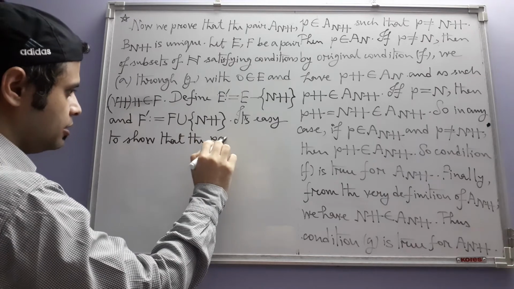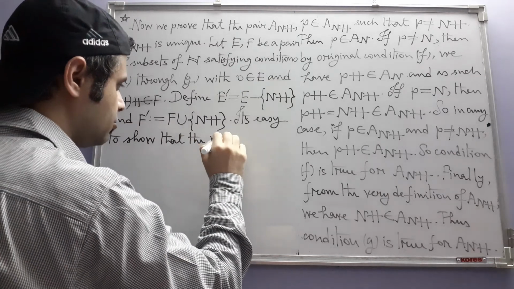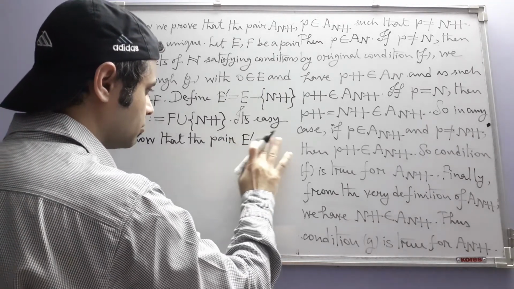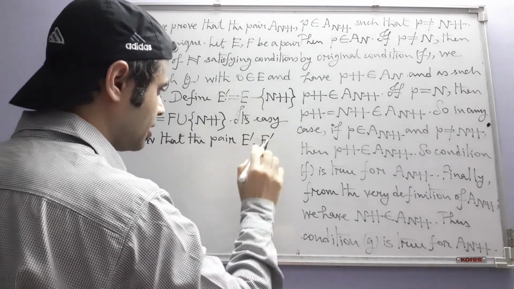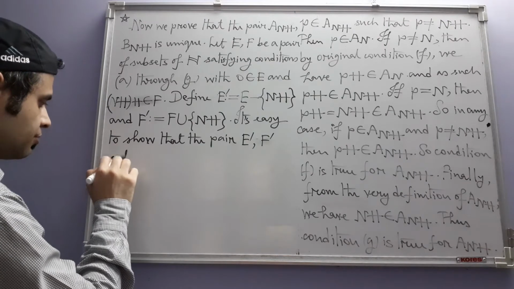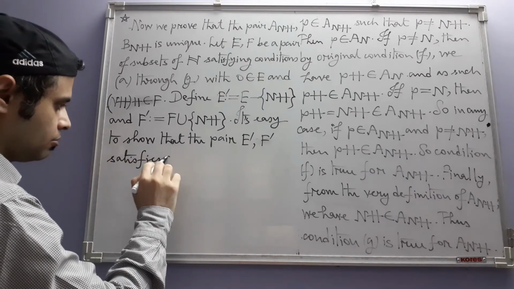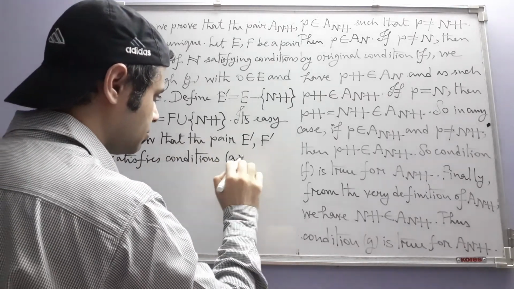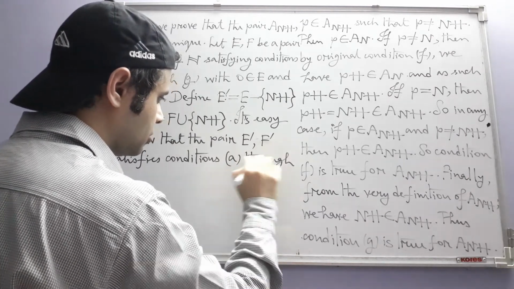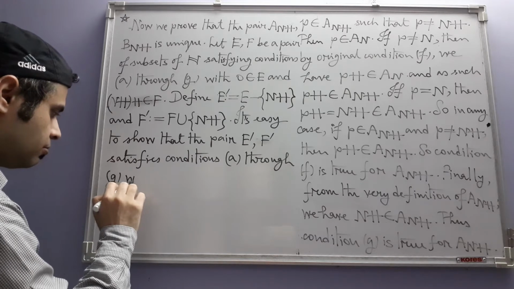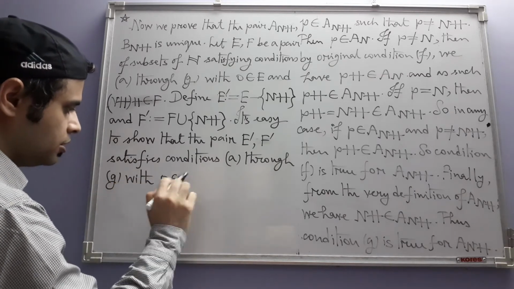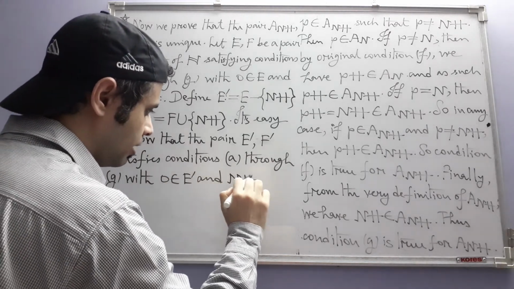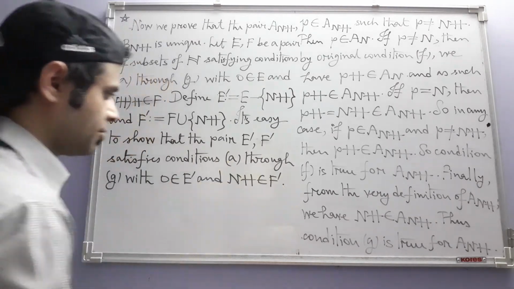to show that the pair E prime comma F prime satisfies conditions A through G, with 0 belonging to E prime and n plus plus belonging to F prime.